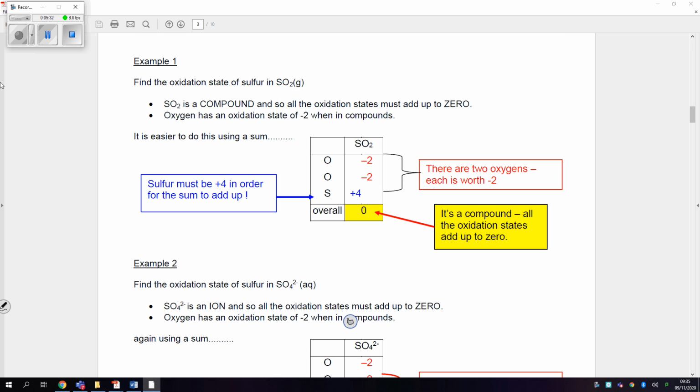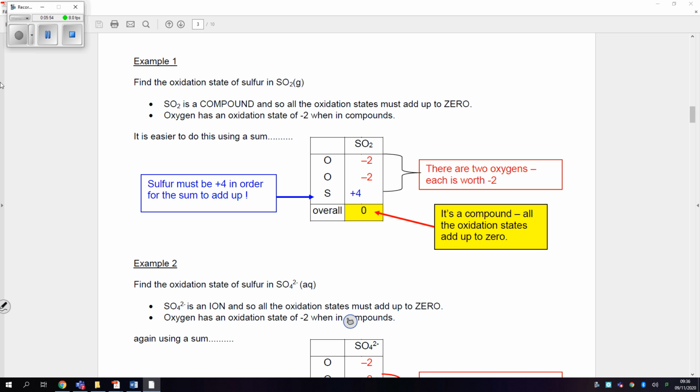So now in your study pack there are some worked examples. If we look, for example, at sulfur dioxide, SO2, and the question is, what is the oxidation number of sulfur? Well, SO2 is a compound, so the oxidation states of all the elements present must add up to 0.